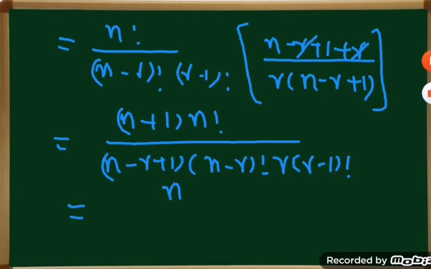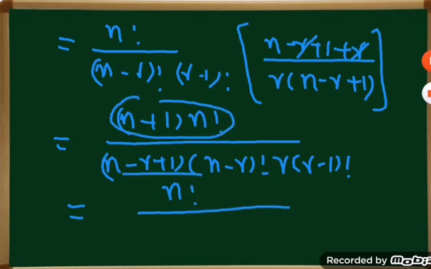Now after that this whole step becomes n factorial divided by, and this one becomes n plus 1 minus r whole factorial, and this term becomes r factorial.